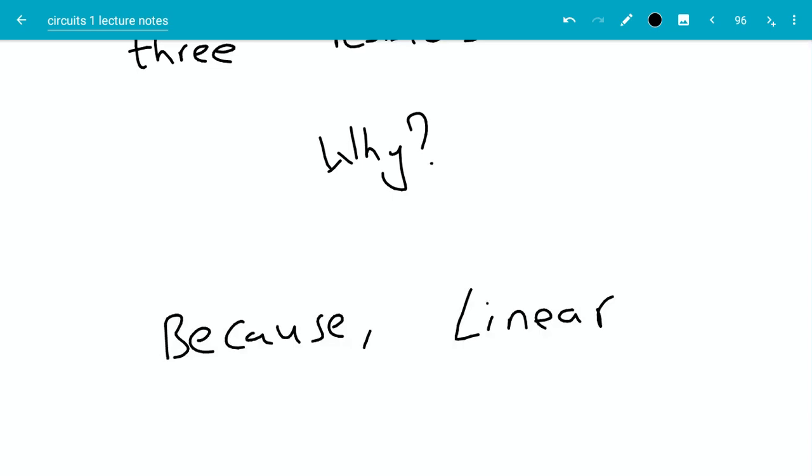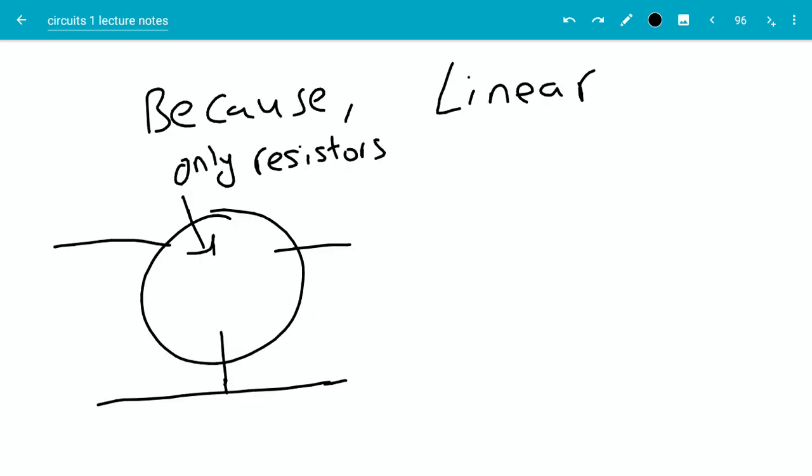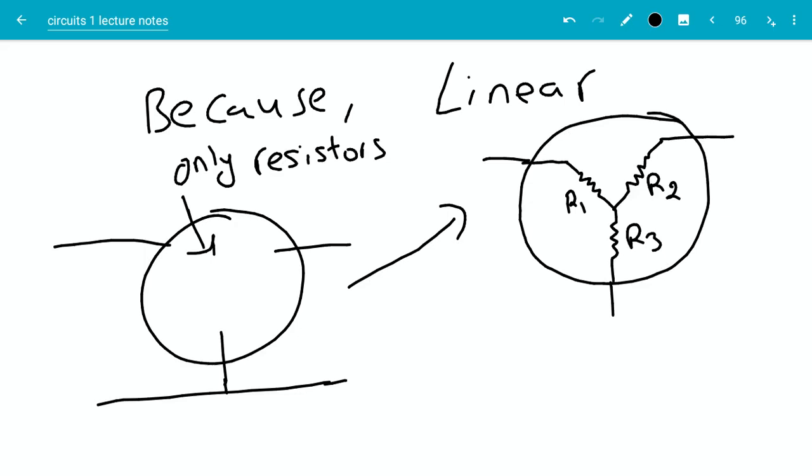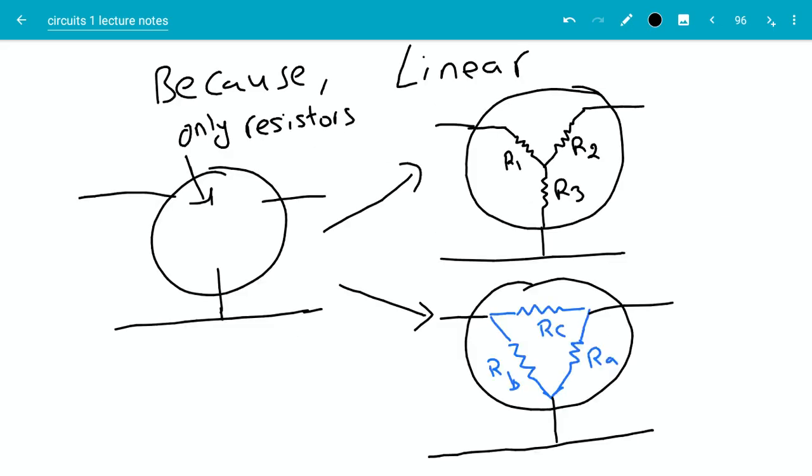I will make a future video showing why linearity of the circuit implies this, but for now we will take that as granted. So if you want to replace a circuit inside the circle with three resistors, there are only two ways you can do that. One would be a Y structure, and the other would be a delta structure.